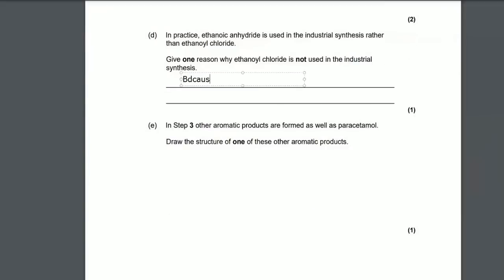So in practice, give a reason that we use ethanoic anhydride in industrial synthesis, and it's because it forms ethanoic acid instead of HCl fumes, hydrogen chloride, which is a gas, sorry, not an acid. But hydrogen chloride fumes, HCl, are corrosive, whereas ethanoic acid is not corrosive. Okay, cool. That was a bit of a long waffle for a 1-mark question, but I hope it helps.